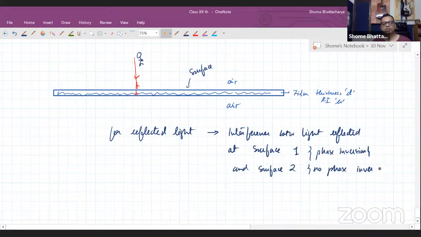Okay. So now what will happen is that your net phase difference will become 2 pi by lambda into optical path difference plus or minus pi. Whatever we write, it doesn't make a difference. Okay. So delta x optical, which is 2 mu d, should be (n plus half) lambda for constructive interference now. This becomes the condition for constructive interference.